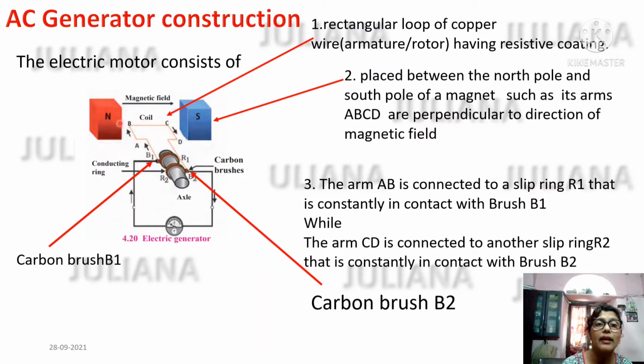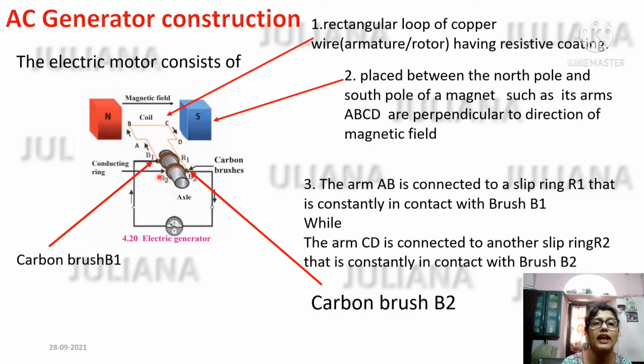On the other hand, AB will always at any point be attached to the ring R1 and brushing against B1. In no way will CD come to B1 and AB go to B2. So AB remains attached to B1, the brush 1, and attached in the sense brushing against it.